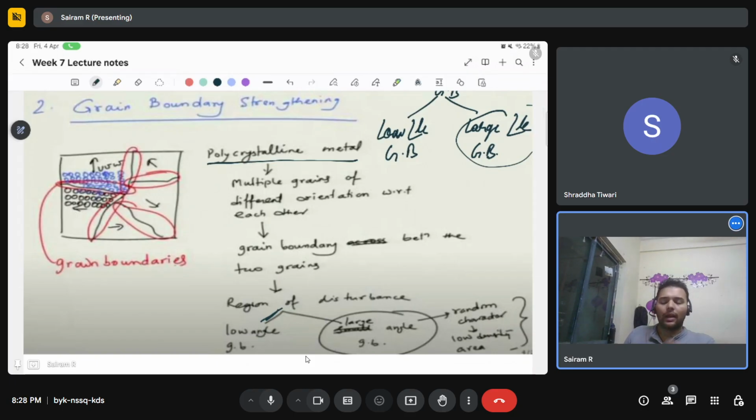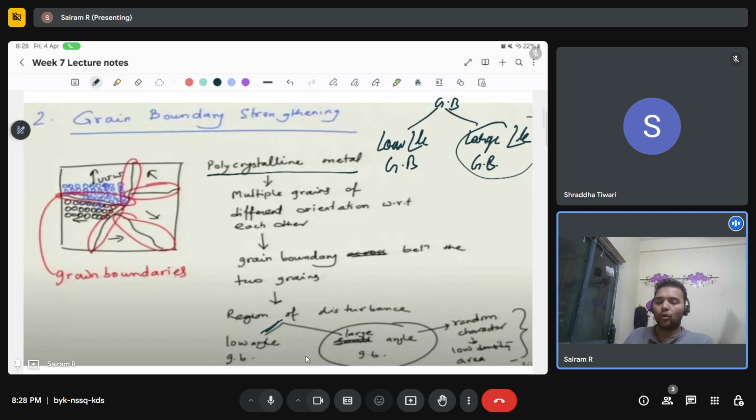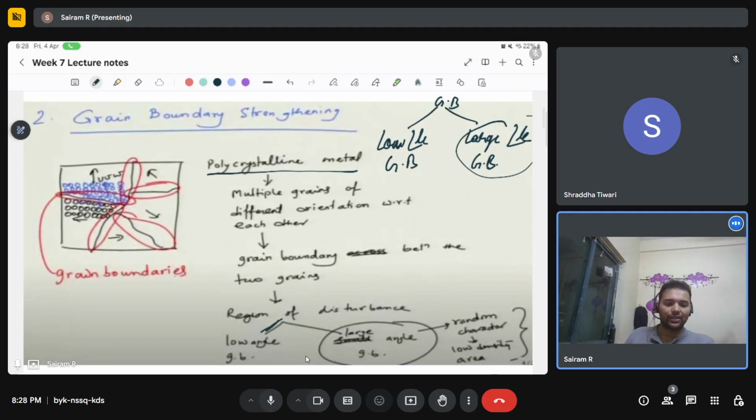In strain hardening, we saw that because of Frank-Read sources, or the interaction between dislocations, formation of sessile dislocations or dislocation pileups, or any other reason, if there is no easy or convenient path for dislocation motion, I would have to apply more stress for my dislocation to move.